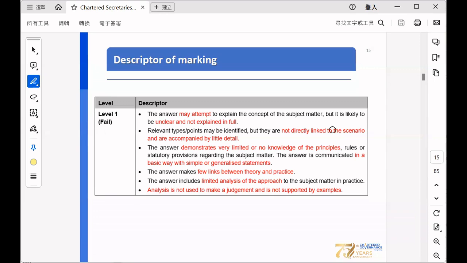And what you have answered is not related to the questions, is not related to the scenario. That is the point I always raise: when you read those questions, you underline the points and mark down next to the question the issues there.